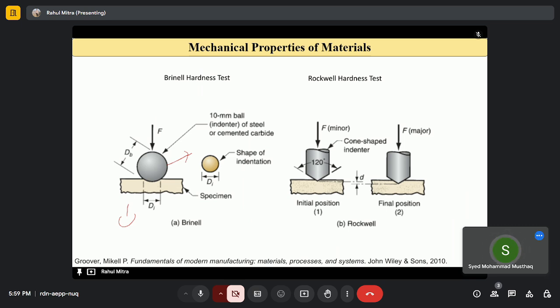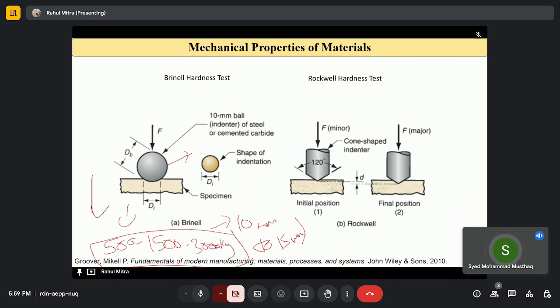A hardened steel ball of 10 mm to 15 mm diameter is used, and the load can vary from 500 to 1500 to 3000 kgs.